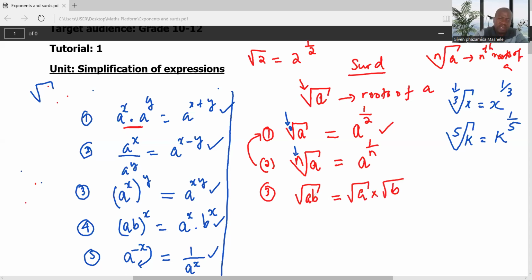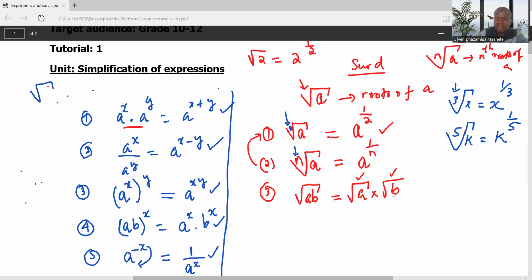So the root of a times b is the same as the root of a alone multiplied by the root of b alone.